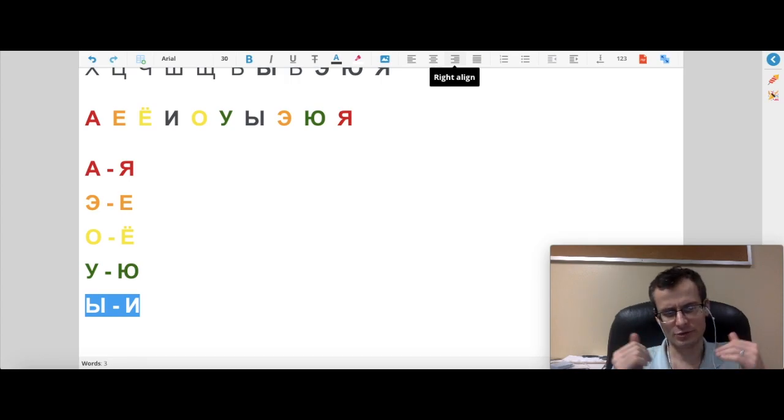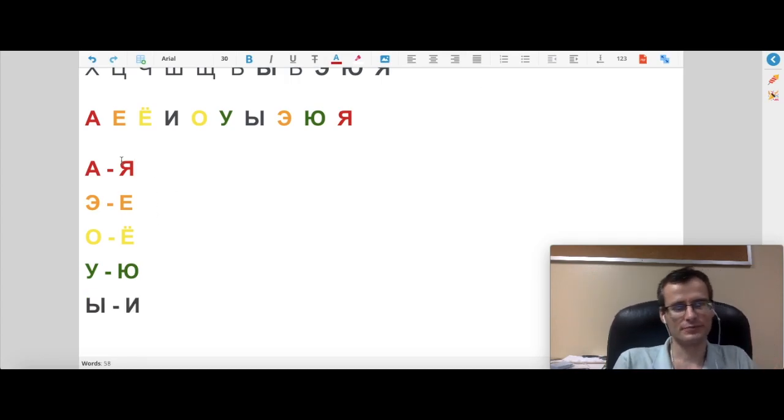Okay, so why are we doing this? First of all, it's for a reason that I wrote them exactly like this, in this order. Meaning that these ones I wrote on the left, and these ones I wrote on the right.